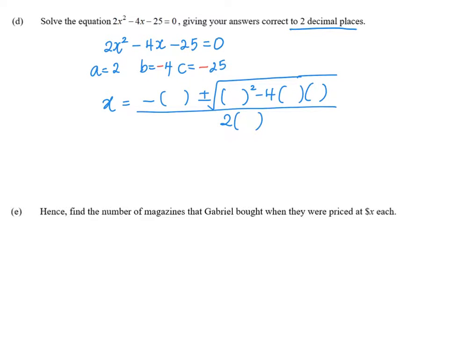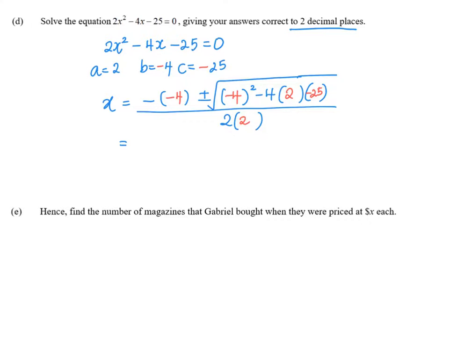So b will be the number negative 4, a will be the number 2, c is negative 25. And let us use the calculator to get our answers now. A will be 2, B is negative 4, C is negative 25.